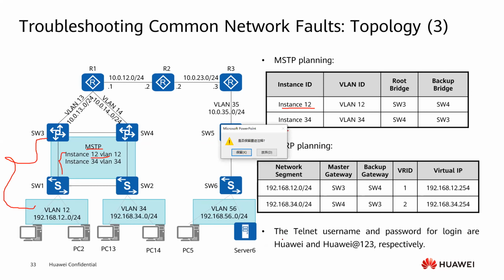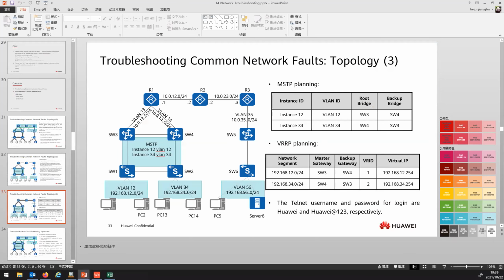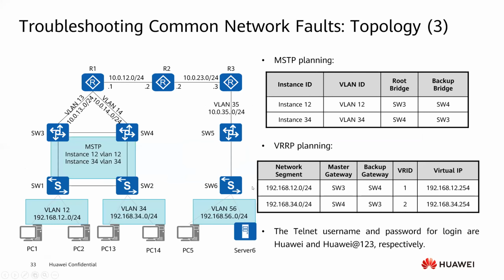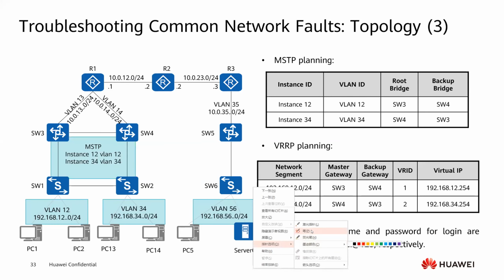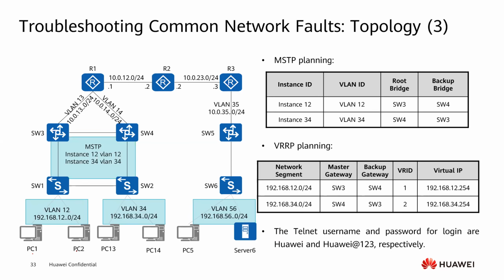Sorry, I must correct that. PC1 and PC2 use VLAN 12, PC13 and PC14 use VLAN 34.